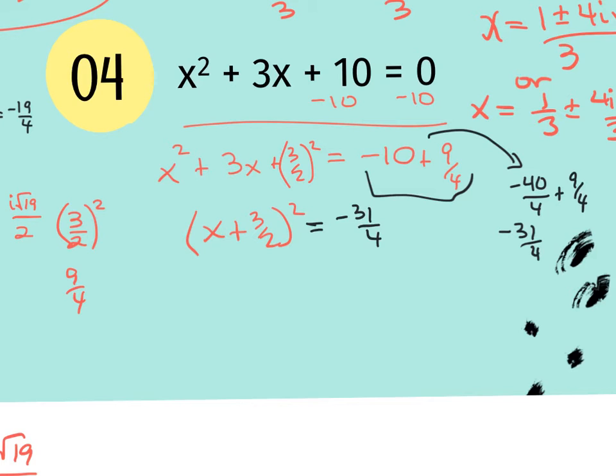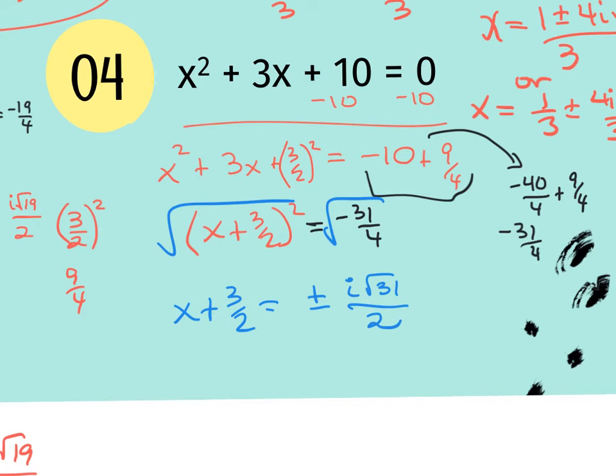And now I apply the square root method. Square root, x plus 3/2 equals plus and minus. 31 I can't break down, but I can pull the i out for the negative sign. And then I can also square root the 4 and make it a 2.